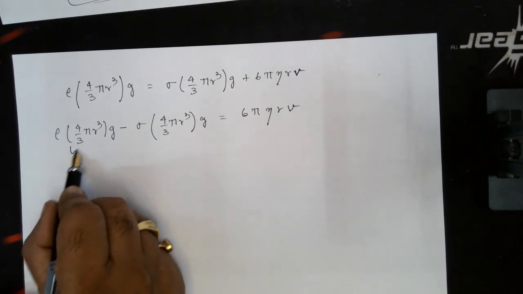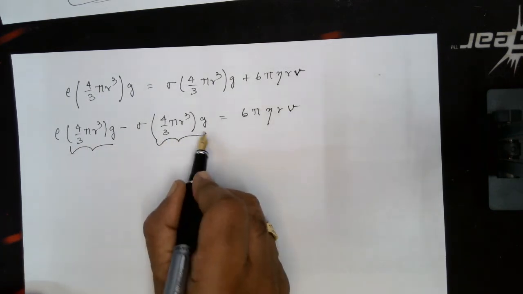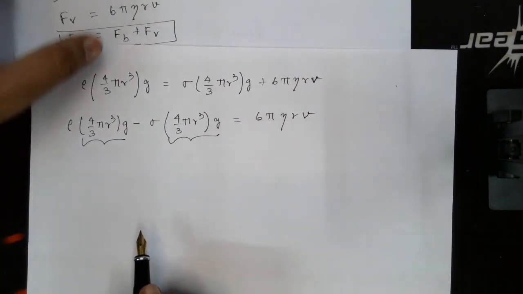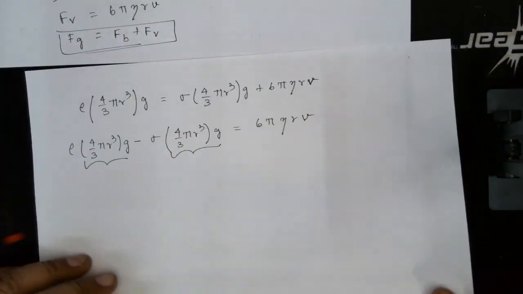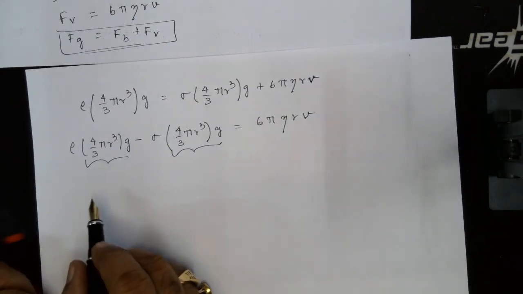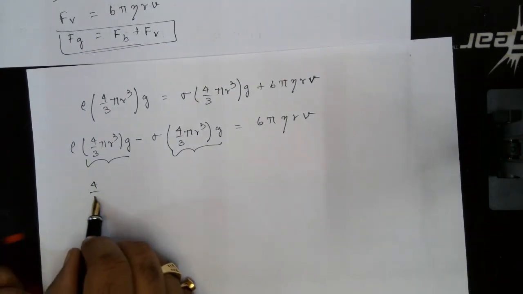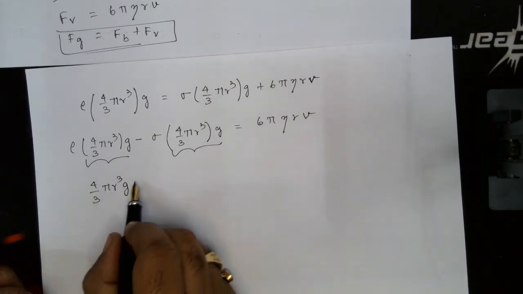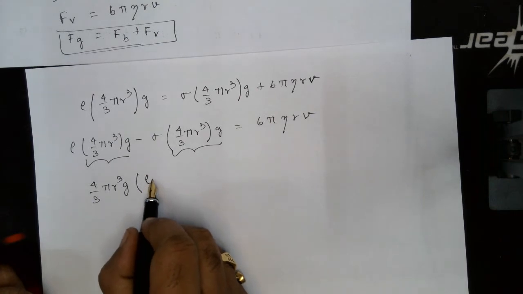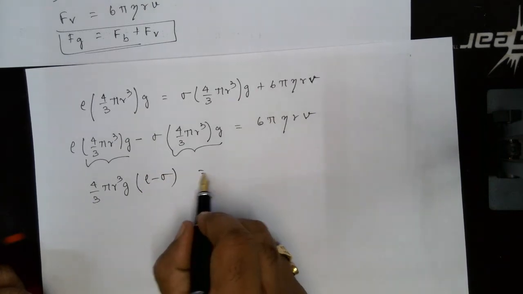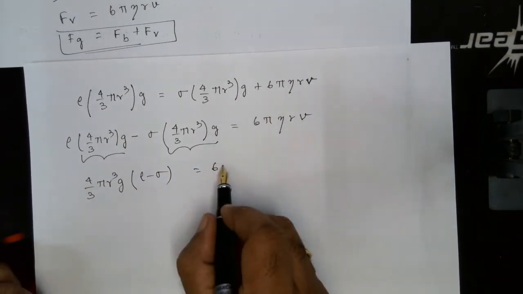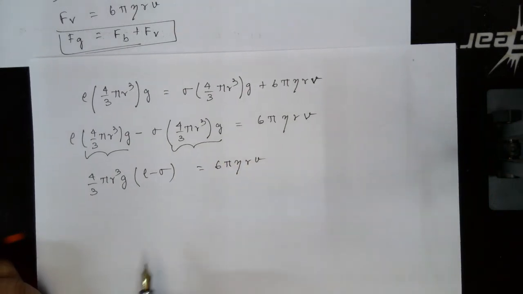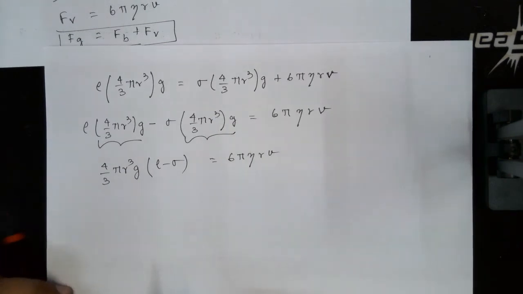Here this quantity is common, so we can take it outside the bracket. Therefore 4 by 3 pi r cube into g of rho minus sigma is equal to 6 pi eta r times the terminal velocity v.